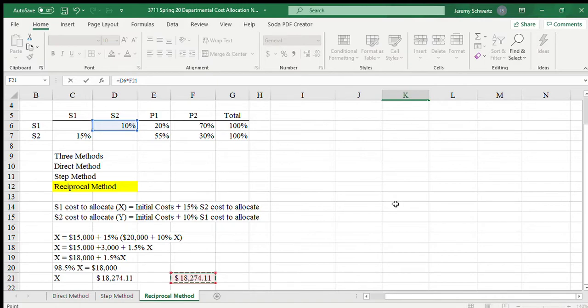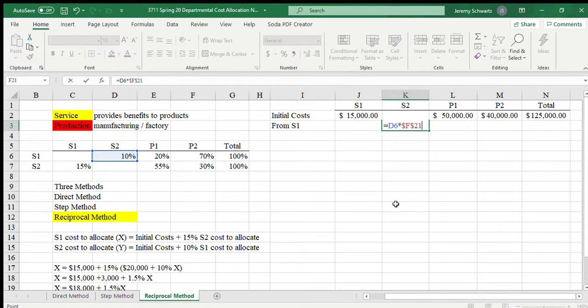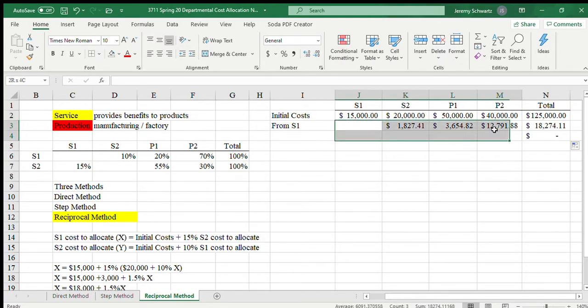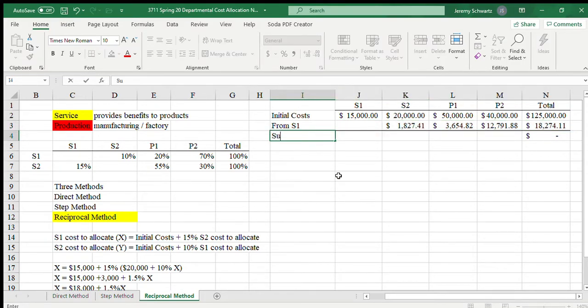And I'm going to hit the F4 key here so that when we copy this formula across, it will pick up that cost to allocate in its entirety. So what we'll have then, as you see here, is that now we can have a subtotal. We don't have to do this, but I think sometimes it's important to see that.